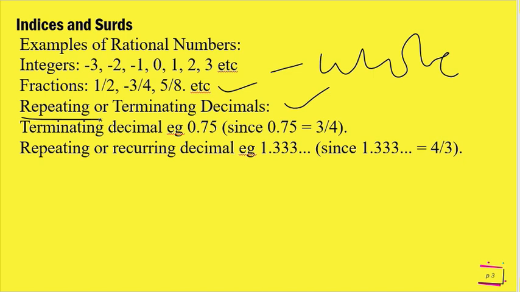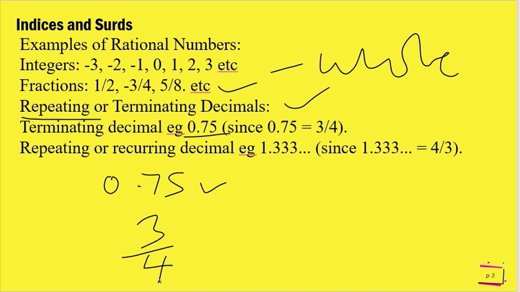A terminating decimal is a decimal that has an end. For example, 0.75, and if you convert this into a fraction, you get 3 over 4.